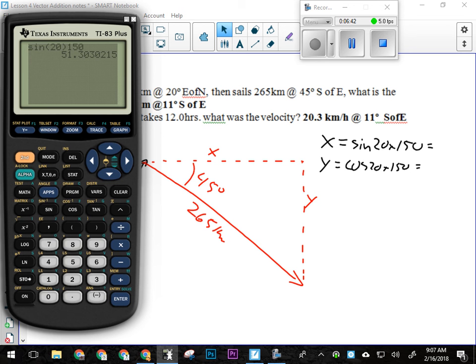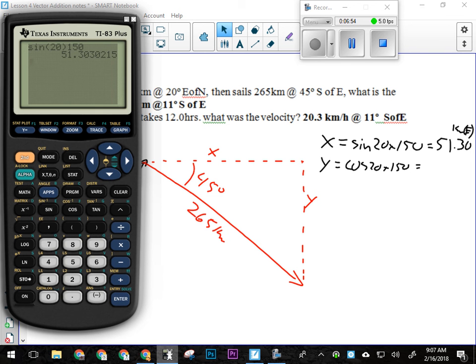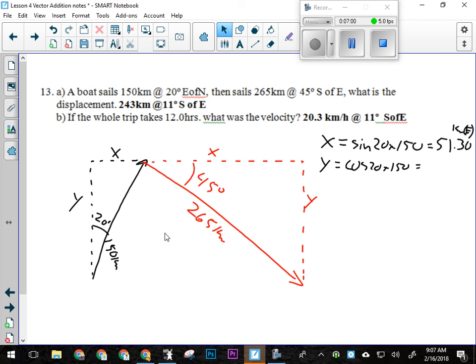All right, so that side's 51.3, and that'll be kilometers east. And then my y is 140.954. And that's going to be north.